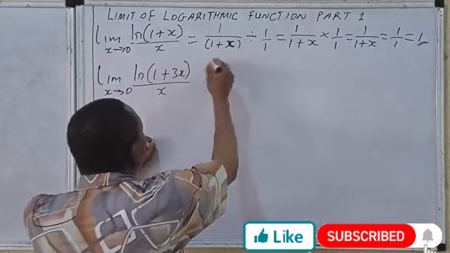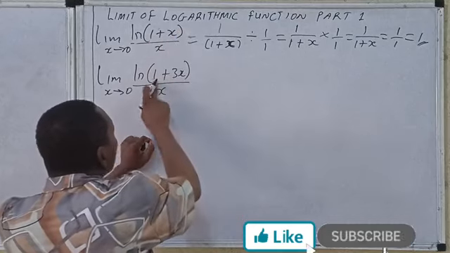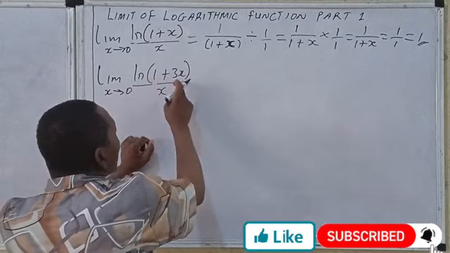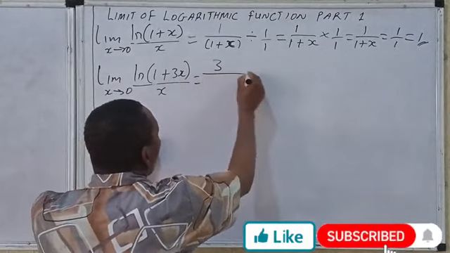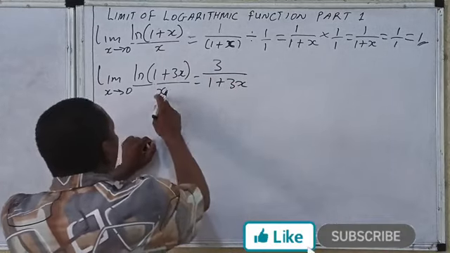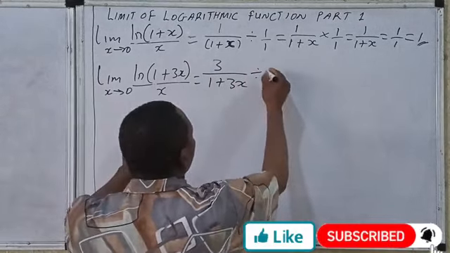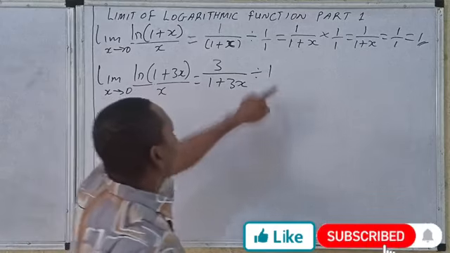If you differentiate the numerator, let's differentiate inside. Remember, at first I said differentiate inside. If you differentiate this, what will you have? 0. Now, if you differentiate this, you have 3. So you put 3 there, all over 1 plus 3x. What about if you differentiate the denominator? All over 1. Divide 1.